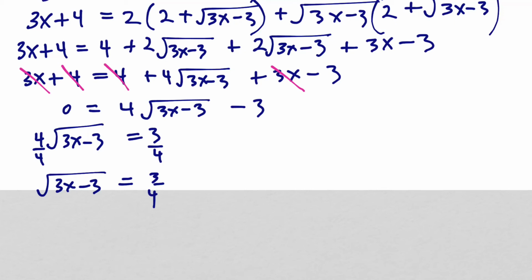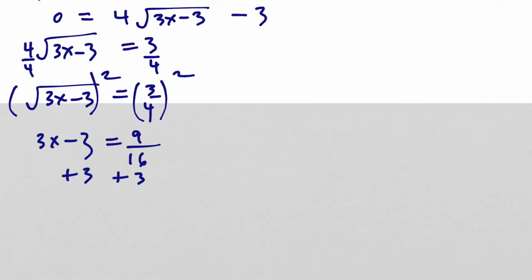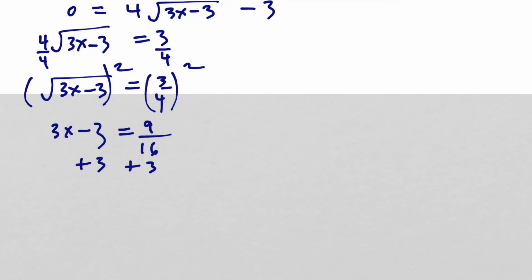All right, so now I want to square both sides to lift off the radical. So I have 3x minus 3 is equal to 3 squared over 4 squared. All right, now I want to add 3 to that. So I'll get 3x is equal to 9/16 plus 3.